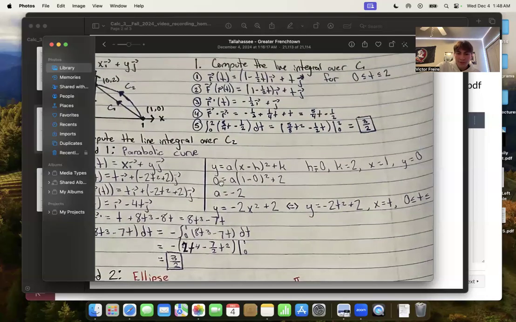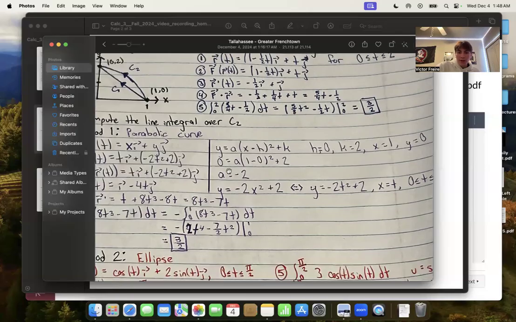So with this vertex form equation, we want to substitute in these 4 values in order to find this a that we don't know here, right? So then once we substitute in all these values, we're left with a equals -2.